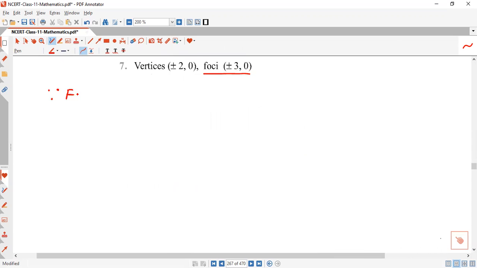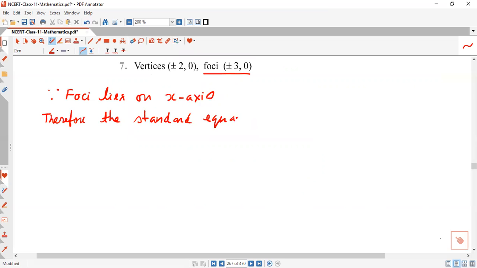Since foci lie on the x-axis, therefore the standard equation of hyperbola is x square upon a square minus y square upon b square equal to 1.